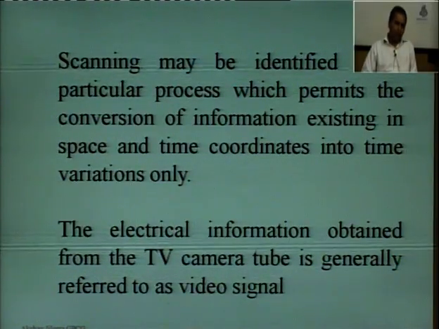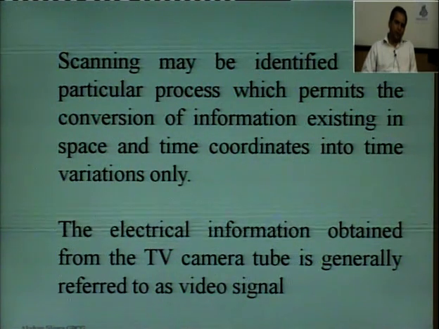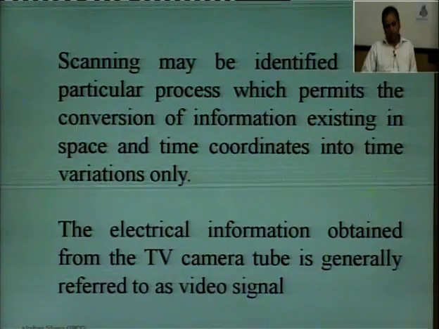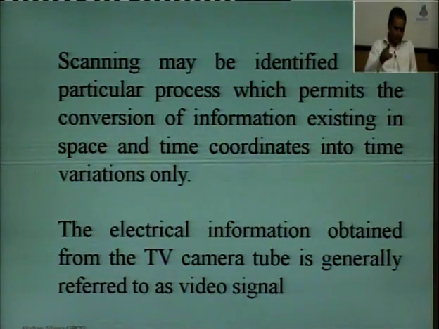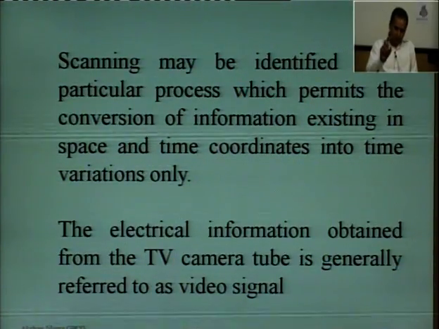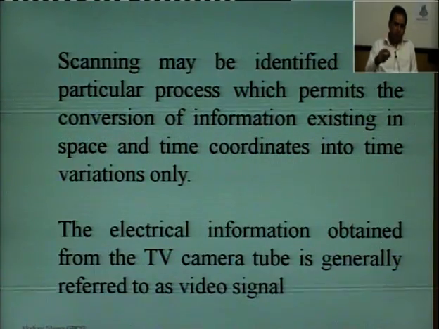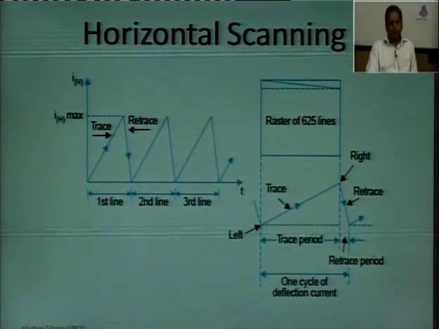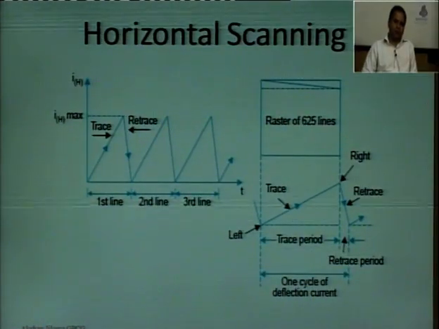The electrical information obtained from the TV camera tube is generally referred to as video signal. As we already have discussed, video signal is the signal where the electrical signal has been generated from the optical information. This is how scanning takes place.